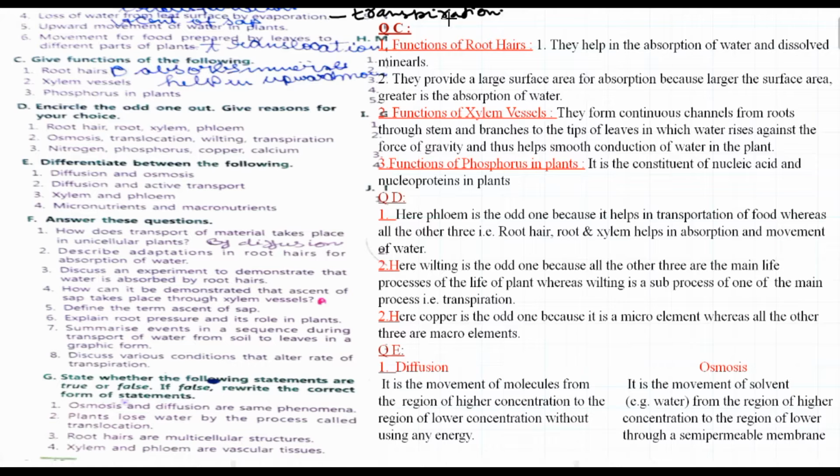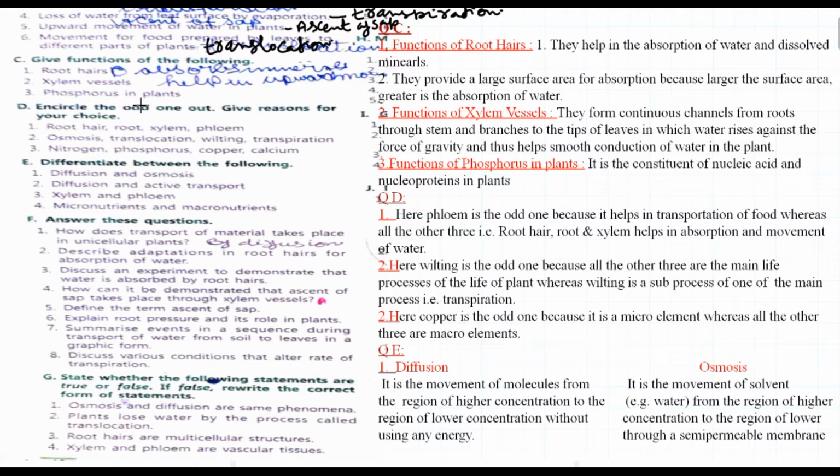Upward movement of water in plants is called ascent of sap. Movement of food prepared by leaves to different parts of the plants is called translocation.